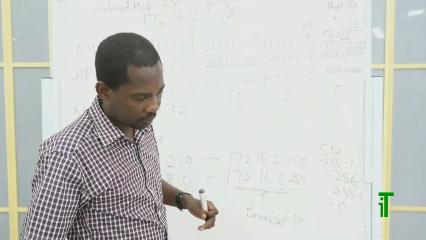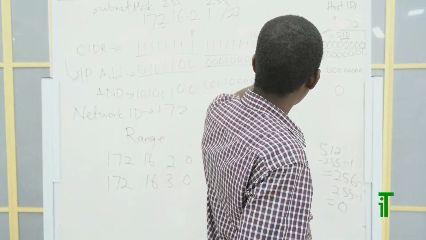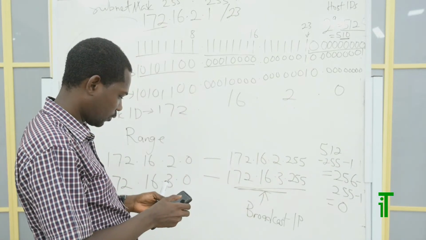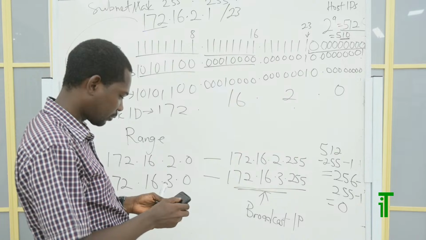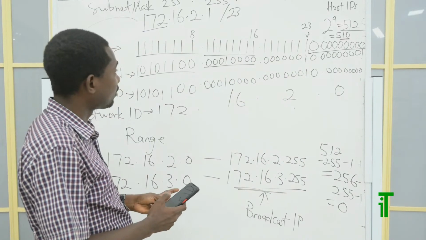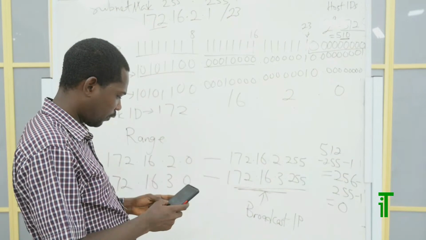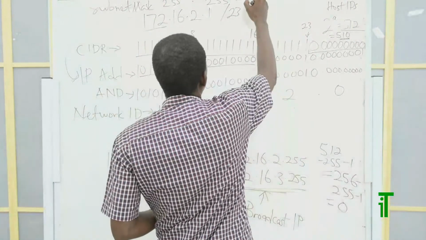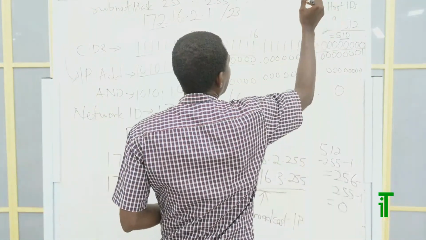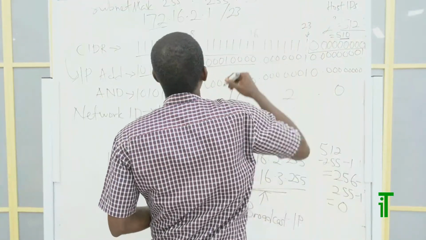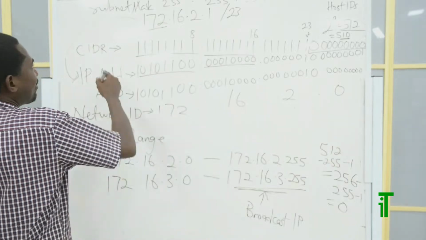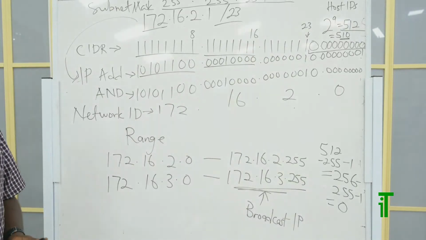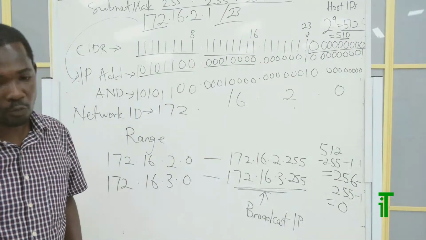This one too is 11111110, and from binary to decimal, that is 254, and the last one is 0. So the subnet mask of this network is 255.255.254.0. Let's continue.